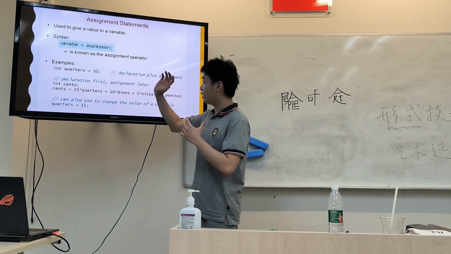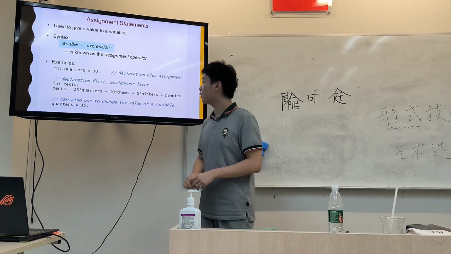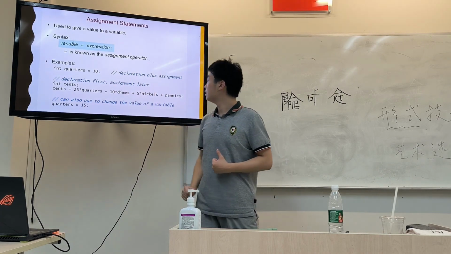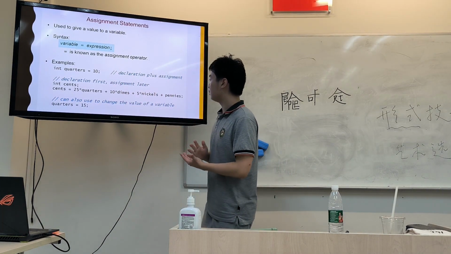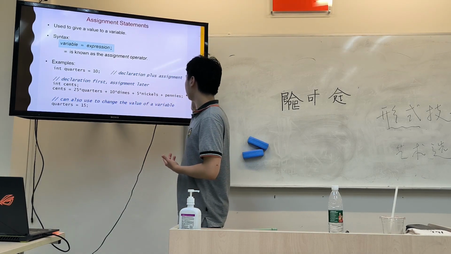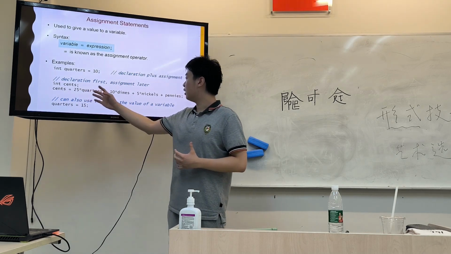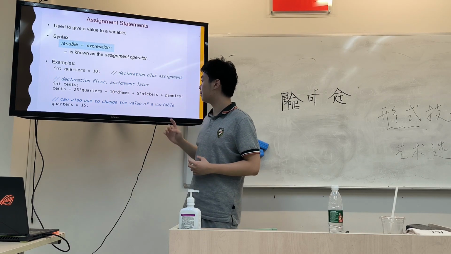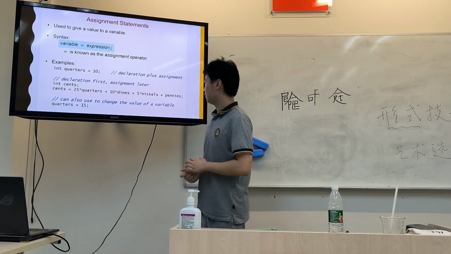The equal sign is known as the assignment operator. For example, if you want to assign the value 10 to the variable called quarters, you write it here. And if you want to convert these kinds of coins into cents, you just add them up on the right side, and their values will be added up and assigned to the variable cents.